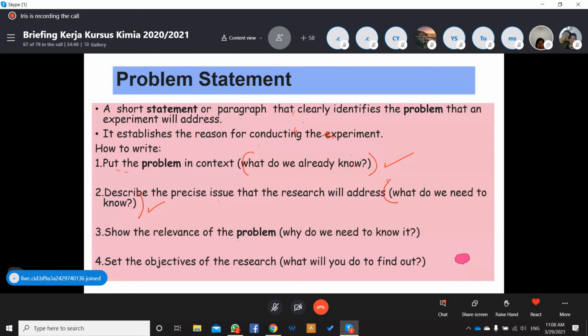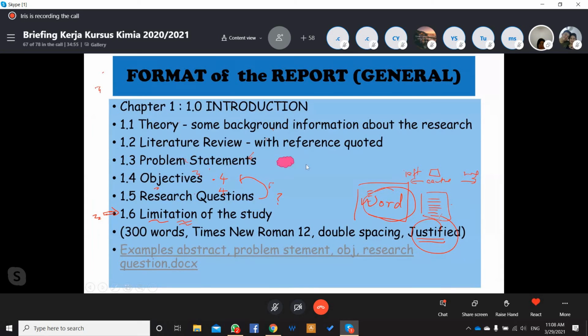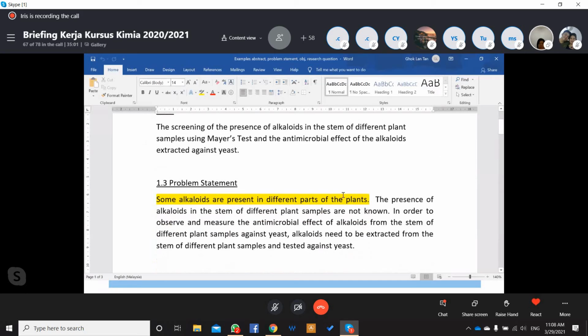So next one, we try to relate. Why do we need to know? And finally, what will you do to find out? Okay. So just now, this is not known, the one that I don't know.